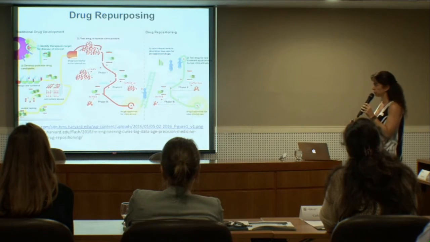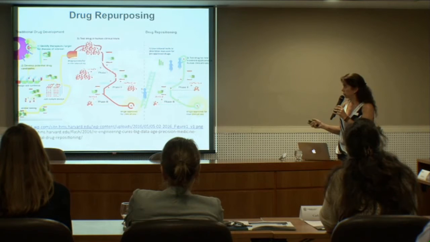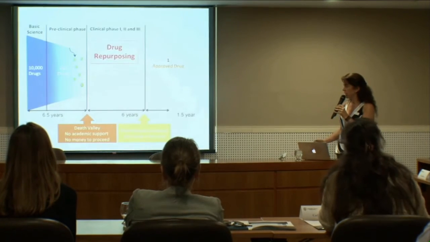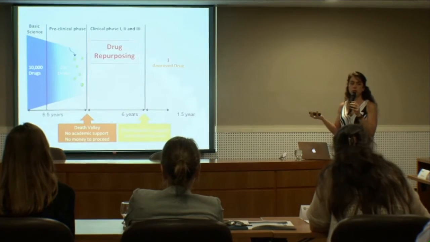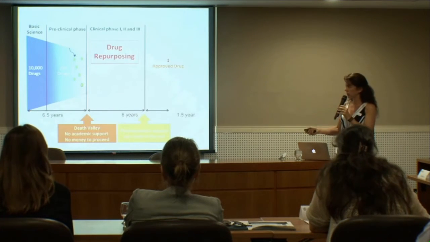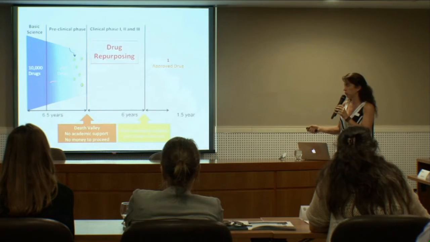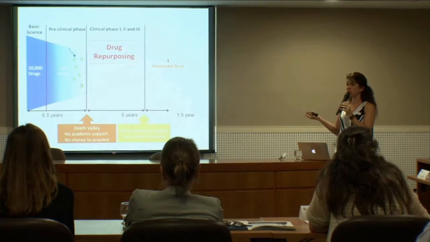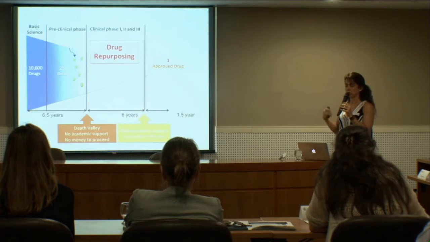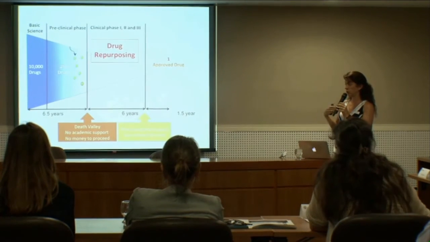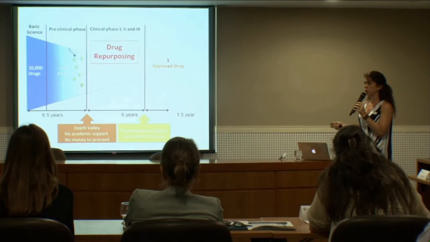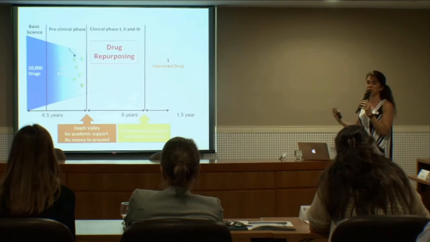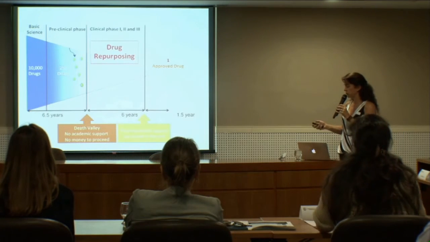platform to test drugs. With drug repurposing we save at least 6 years. So when you discover a new drug, you have almost 7 years to discover something that is really worth going on with. But here we have a kind of valley, where most of the drugs just don't have academic support or money to proceed.